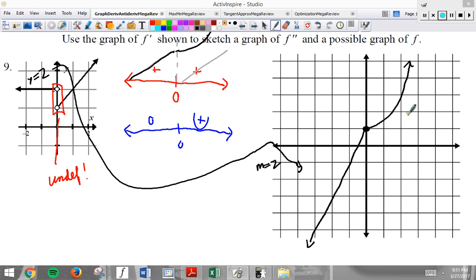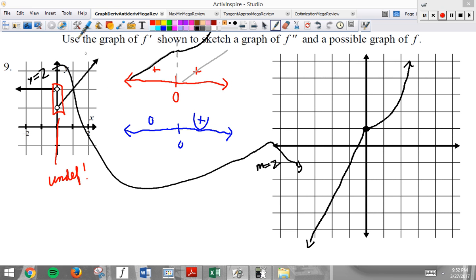Now, there's no way to really know if this was a jump or not. This graph does not have to be continuous. That's the way to say it. If this graph is continuous, this graph should be continuous.